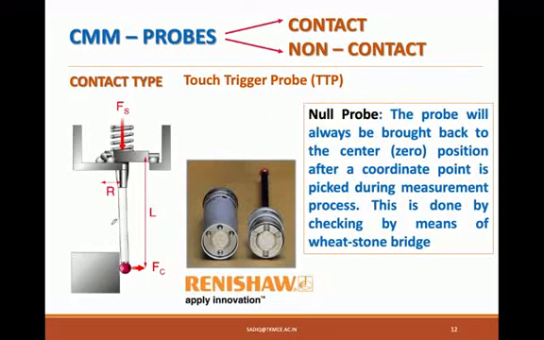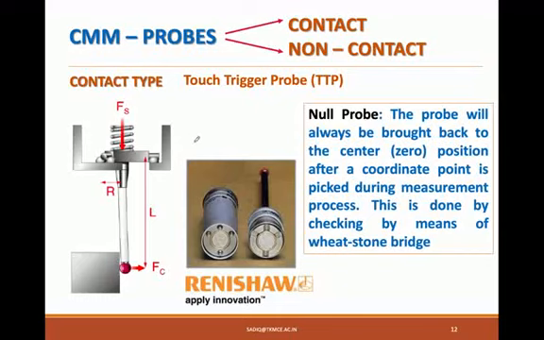So when it is detached after measurement, when it is taken back, this stylus should go back to the position also. Touch trigger probe means the coordinate value at the moment of touching will be taken by the instrument, and that's why it is called touch trigger. That means the measurement is triggered at the moment of touching.